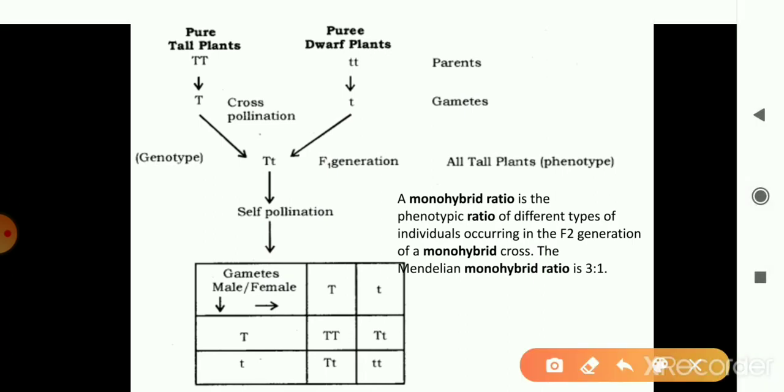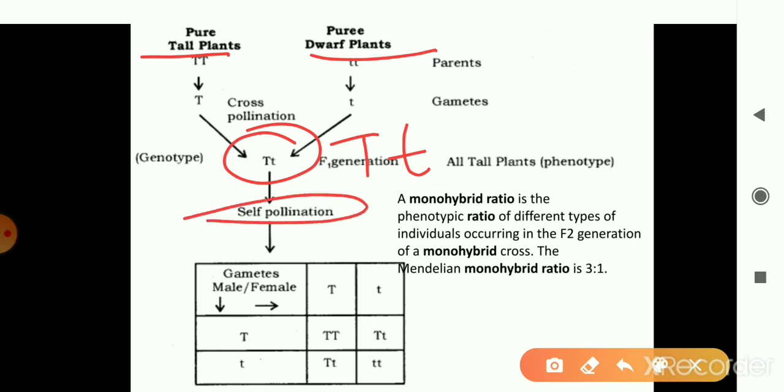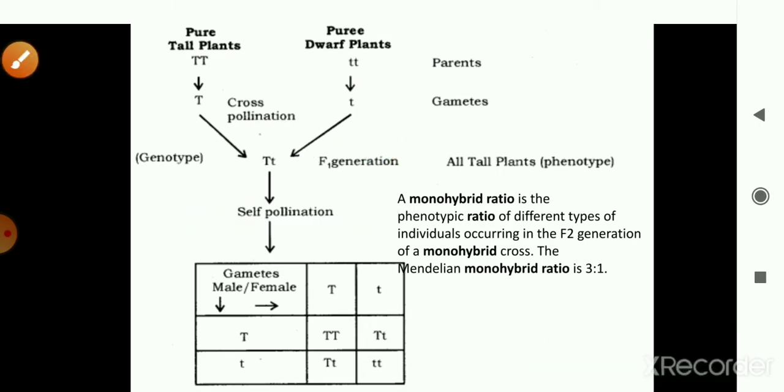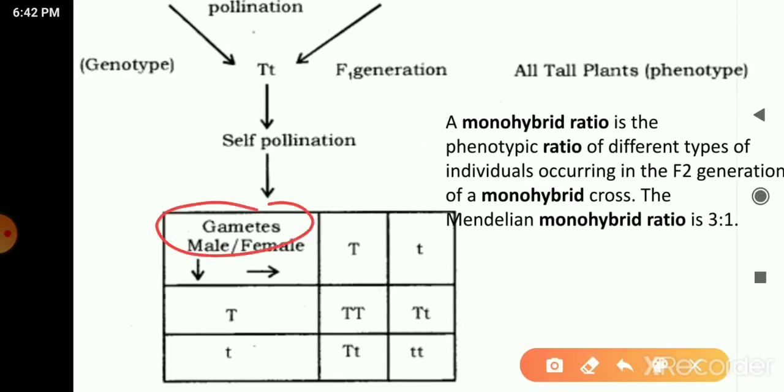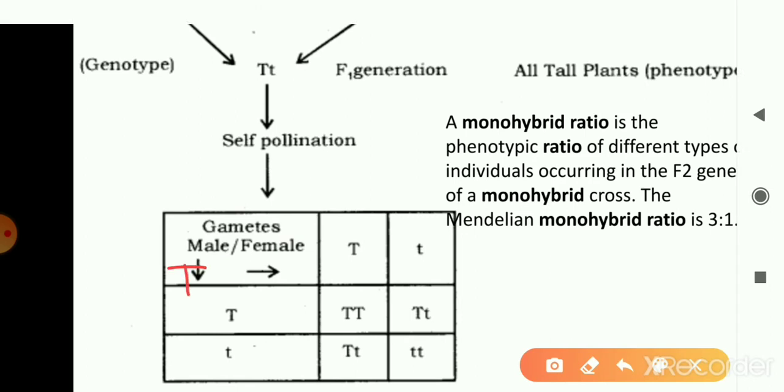So this is about the hybrid cross, and here in this tabulated form you can see clearly how the cross was done. Tall plants were crossed with the dwarf plant. The F1 progeny were all tall, having a genetic makeup of a factor for tallness and a factor for dwarfness. Then they were allowed to self-pollinate. Since sexual reproduction involves gametes and this is self-pollination, the male and the female parts of the flower have the same genetic makeup, so 50% of the gametes will carry a factor for tallness and 50% a factor for dwarfness, the same for both.